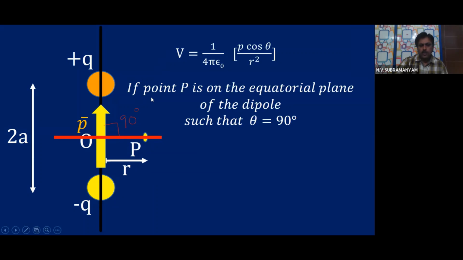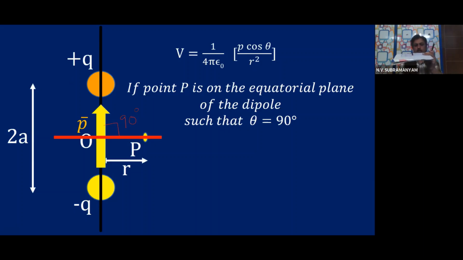If P is on the equatorial plane of the dipole such that theta is 90 degrees. I have shown a line, but you can imagine a plane also. A plane which passes through the center point O and is perpendicular to the axis, like this.